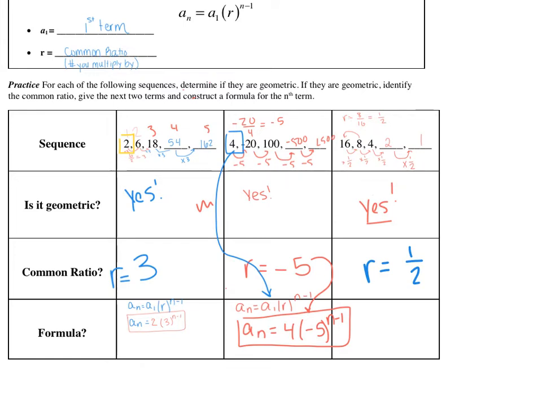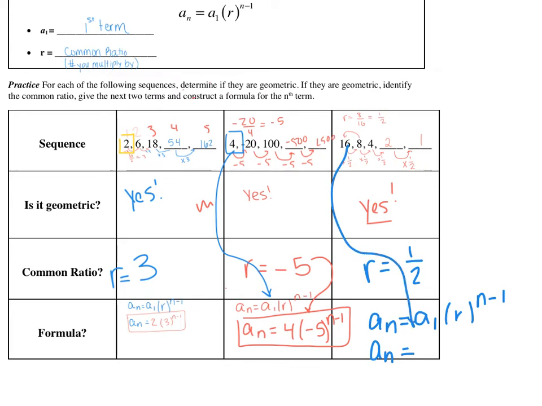And then last but not least, I write my formula. a sub n equals a sub 1 times r to the n minus 1. We put it all together. I get a sub n equals, I ask myself, what's my first term? What is the first term of my sequence? What am I starting at? And I go back and look, and I started with a 16.